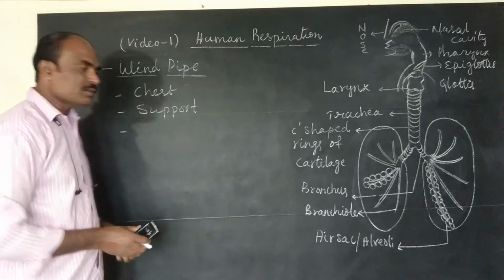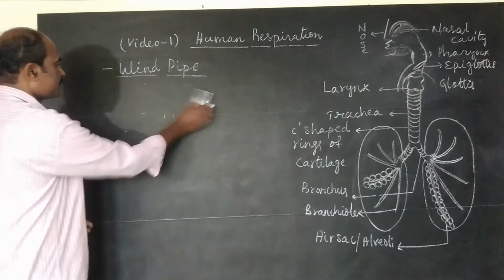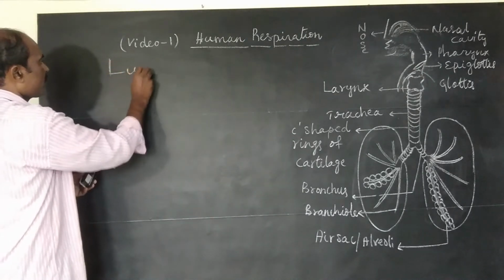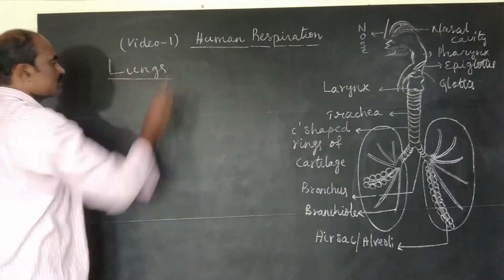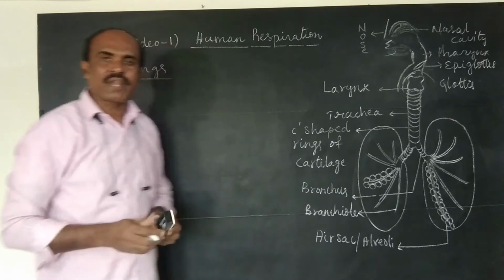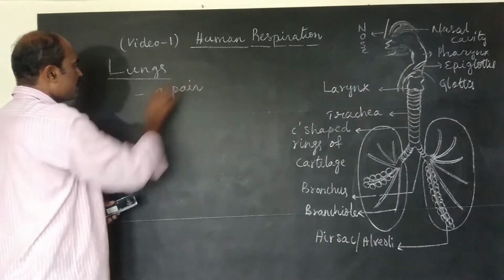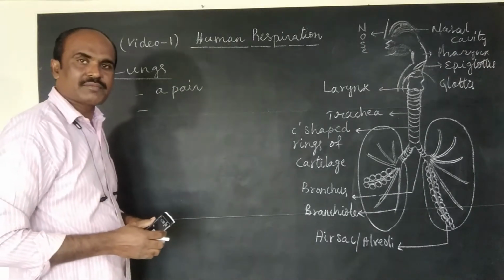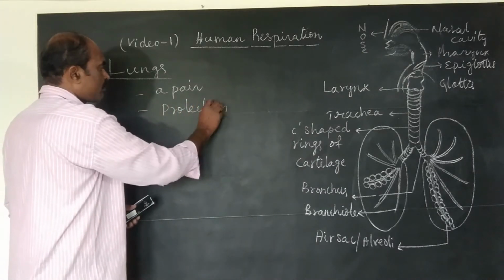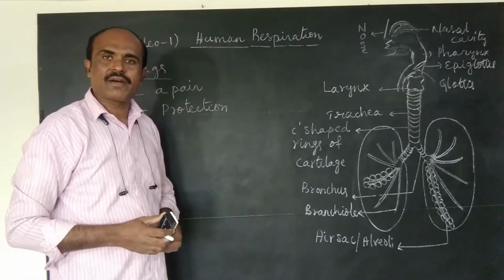Now let us talk about lungs. There are a pair of lungs in the chest cavity. Protection: these lungs are protected by a double-walled layer called pleura.